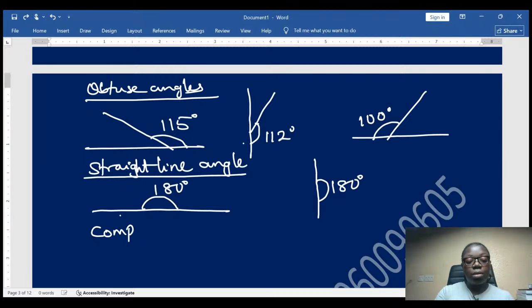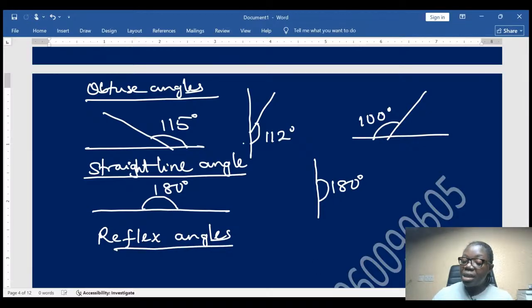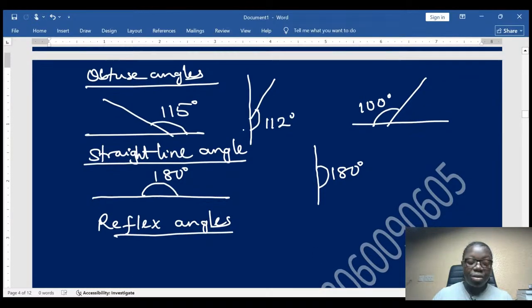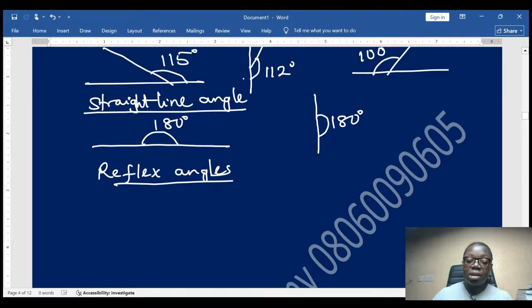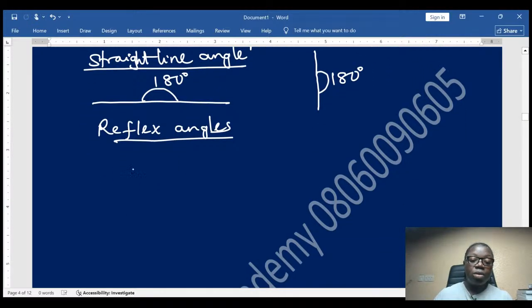Reflex angles are angles that are greater than 180 degrees but less than 360 degrees. So these are reflex angles. You can see this is the straight line angle, 180 degrees. Once they are bigger than 180 degrees, they are called reflex angles.